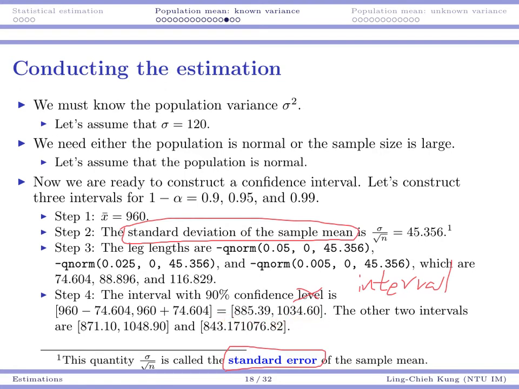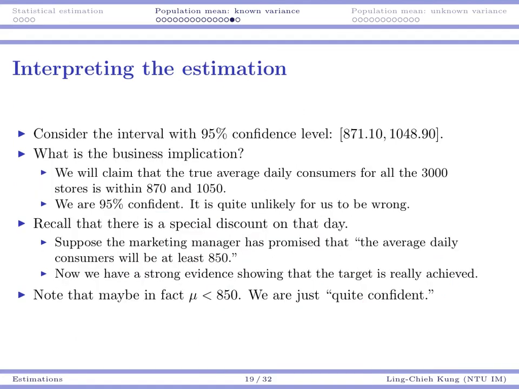This will be my estimation about the number of consumers entering my stores, the average number. I'm going to say that the average number entering a store on that particular day is within 885 and 1035. That will be my estimation. And I know how good the estimation is, 90%.